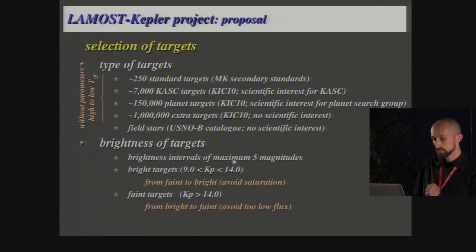For the bright targets, we mainly focus on the faint ones to avoid saturation effects. And for the faint targets, it's the other way around: we focus on the brighter targets so that we can obtain enough flux. And for those stars coming from the KIC catalogue, we gave the highest priority to those for which no KIC parameters are available. And for the rest, we prioritize from high to low effective temperature, because the high temperatures are the less accurate ones.